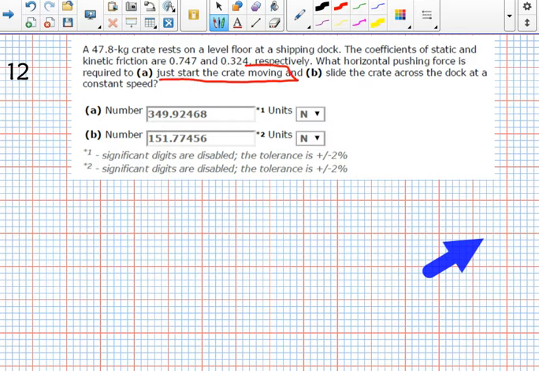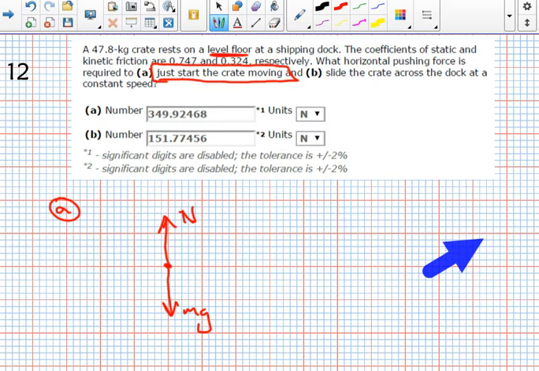Well, that tells me that we want the point at which static friction is broken. So for part A, I don't really need an elaborate free body diagram, but the fact that it says level floor says that the weight of the object, in this case, is the same as the normal force. Now, that's often the case, but doesn't have to be the case.